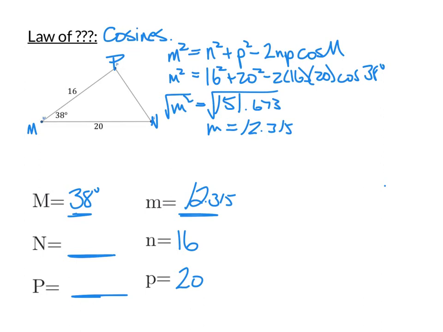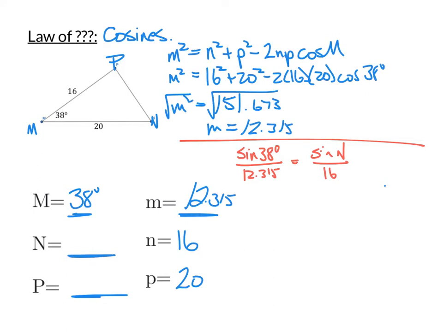Once we have that pair, now we can switch over to the law of sines. We know that the sine of 38 is related to 12.315 in the same way that the sine of n is related to 16.